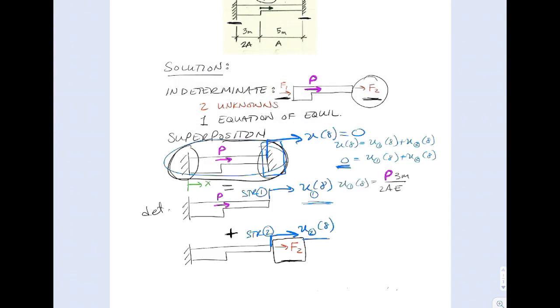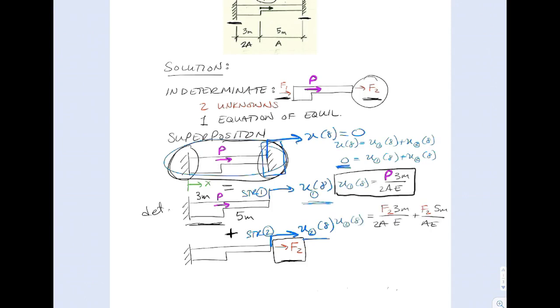In structure 1, I've got an axial force P. That axial force P is going to act only over the first 3 meters. The last 5 meters are along for the ride. I'm going to use the cross-sectional area of 2A. So there is my deflection, or the movement, in structure 1 at 8 meters from the wall.